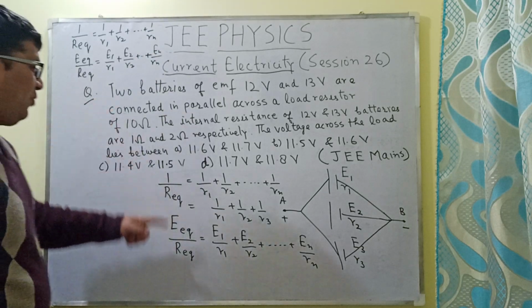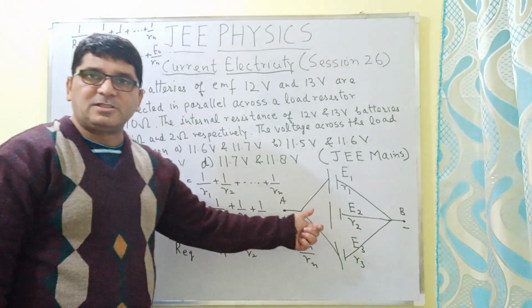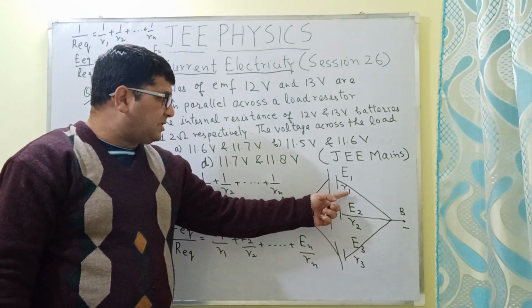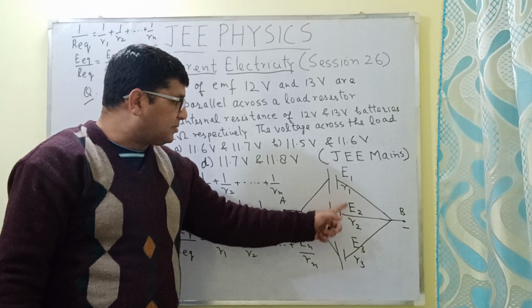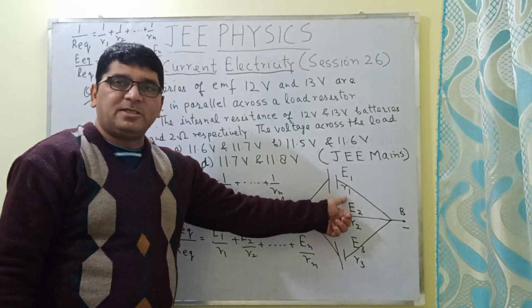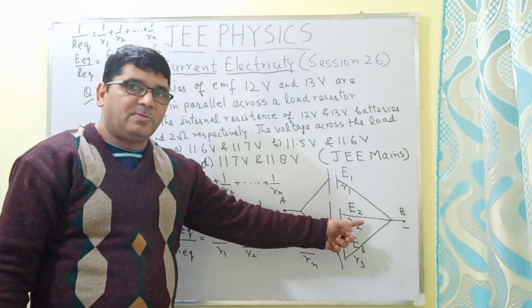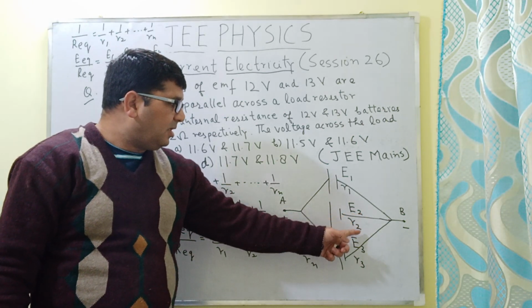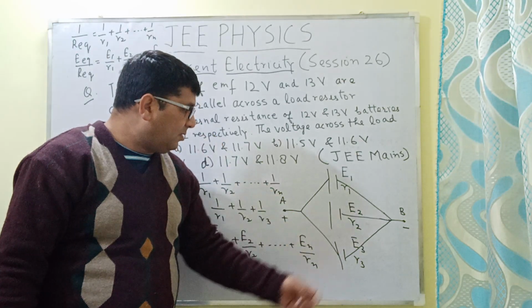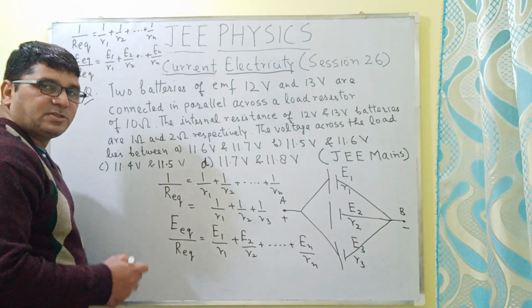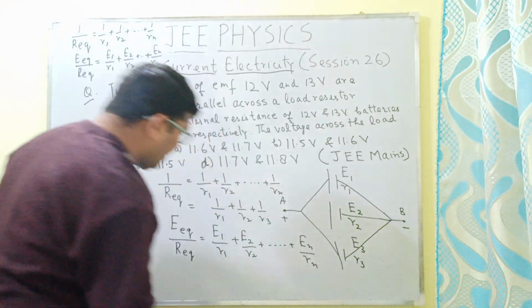So these are the 2 important formulas when the cells are connected in parallel and these cells have some internal resistance also. That is, E1 has an internal resistance of R1, the cell having EMF E2 has an internal resistance of R2, and so on. These are the two important formulas which will be used in this question.